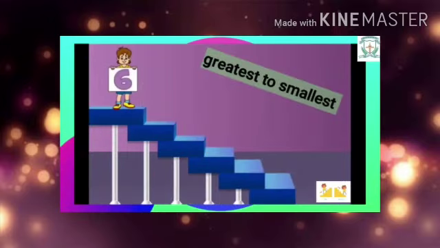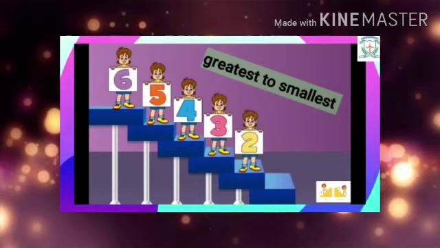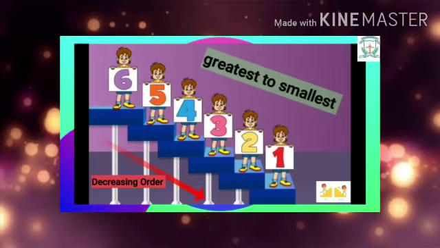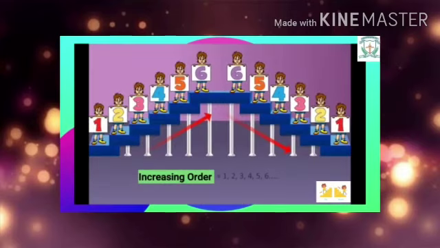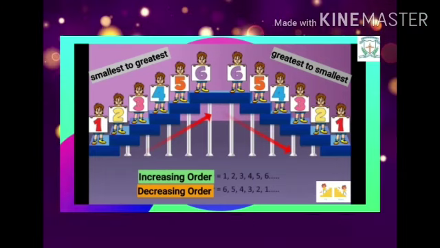Now we have 6, 5, 4, 3, 2 and 1. As we are moving downstairs, we are moving in decreasing order. Thus, numbers arranged from smallest to greatest are said to be in increasing order. Numbers arranged from greatest to smallest are said to be in decreasing order.